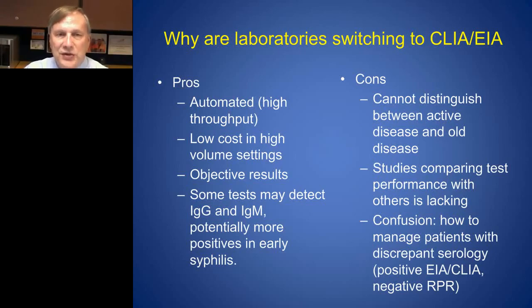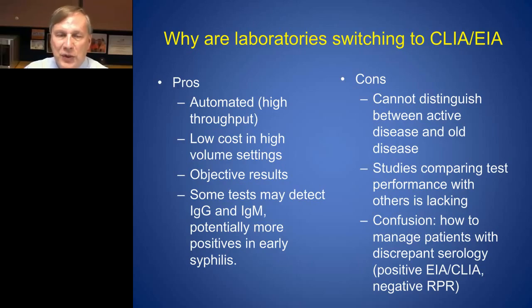Well, the advantage is they're automated. They're really great for high throughput. So if you have staffing issues, it's really nice to be more automated. They're low cost in high volume settings. Of course, with most tests, the larger the volume, the more efficient the test is.